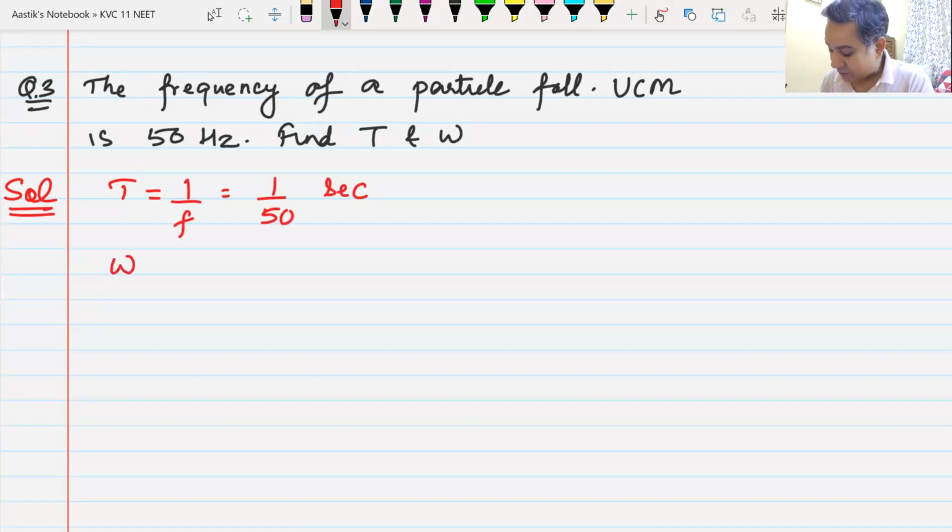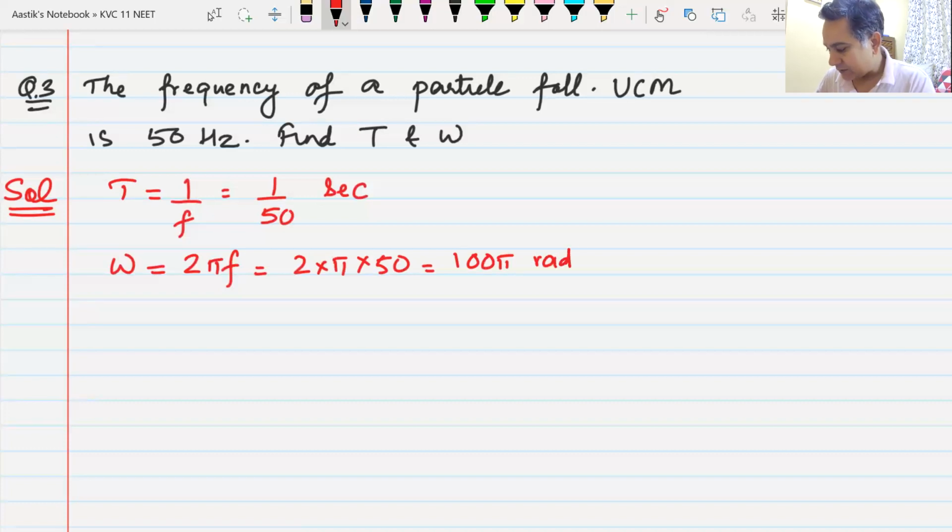How do you get the value of omega? 2 pi by T, sir. Or 2 pi into F. So you multiply 2 by pi multiplied by F. So your answer is 100 pi radians per second.